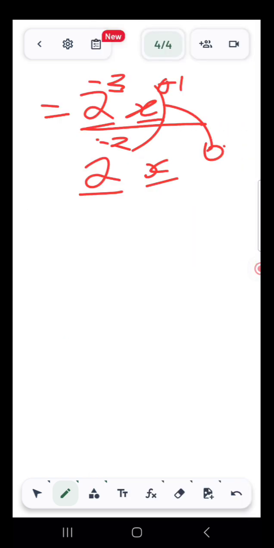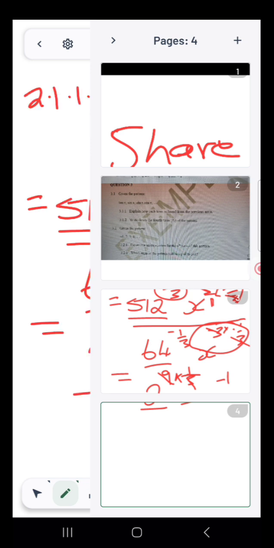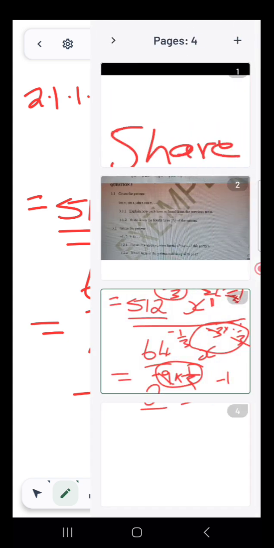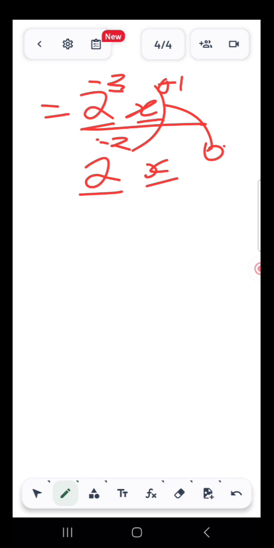In order for us to get here, we had to determine the product here and the product here, which gave us negative, and then it led here, right?